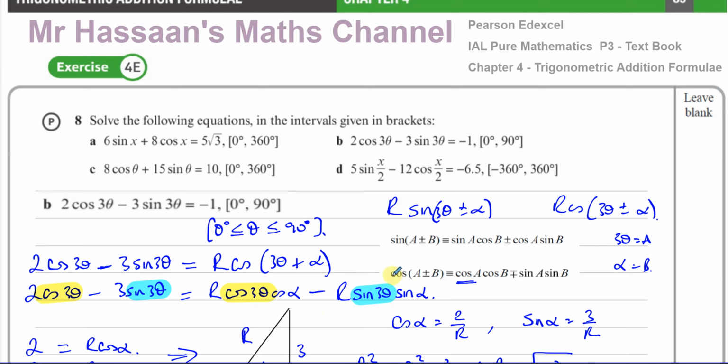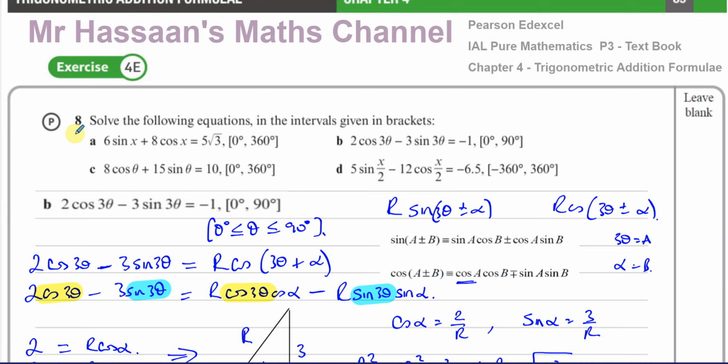So it's going to be cosine of A minus B. You do the same thing for these, although you could write this as 8 cosine x plus 6 sine x. You'll end up with a different r and a different alpha, but the solution to the equation will be the same, because you will have a different ratio. So if I put 8 cosine x and then plus 6 sine x, I'll have it in the form of cosine A minus B. So there are different ways you can do it.